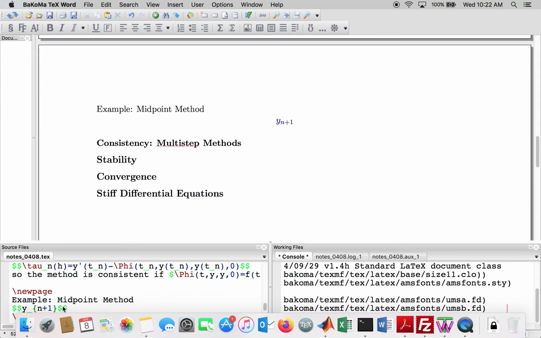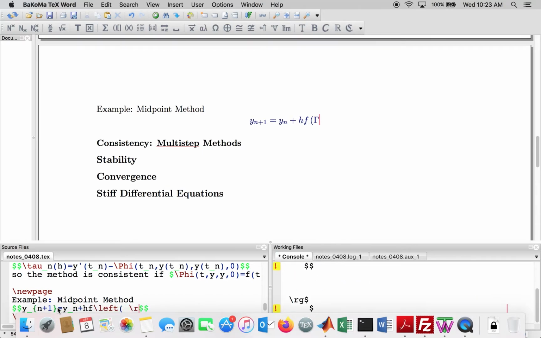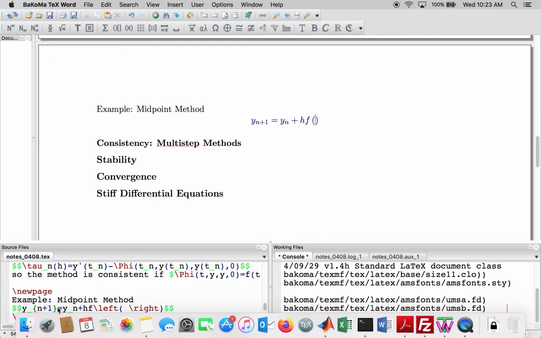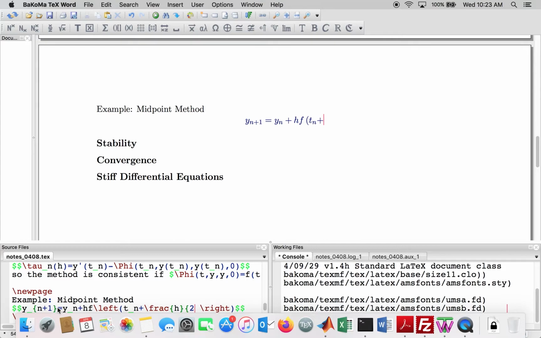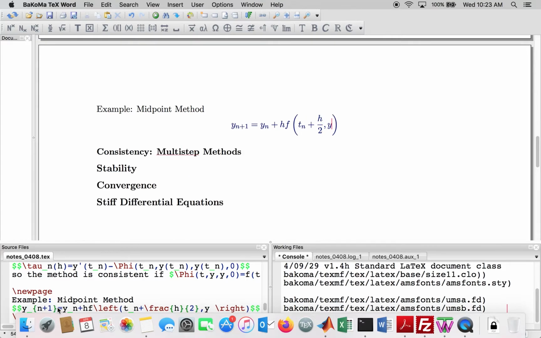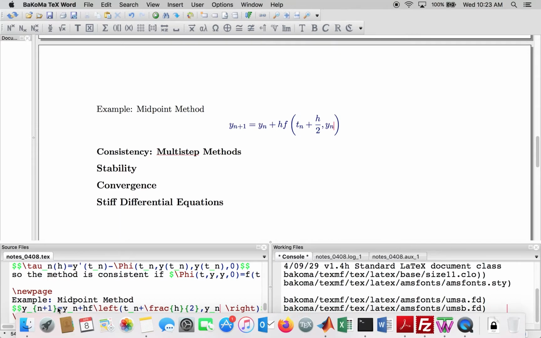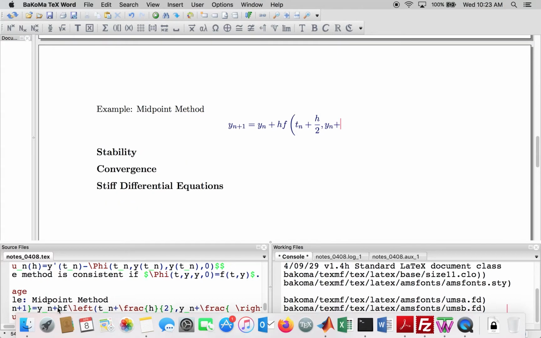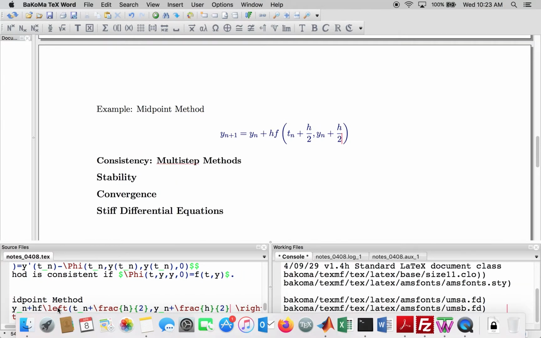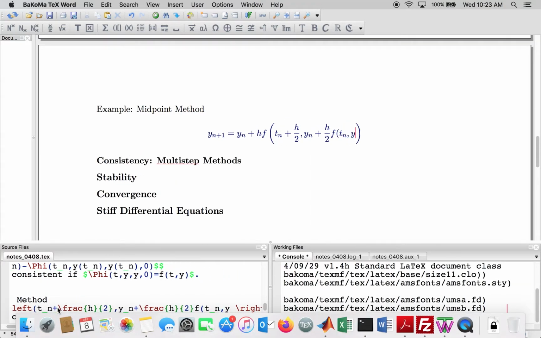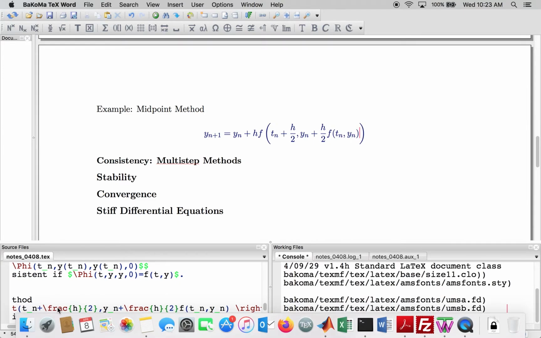All right, so the midpoint method is y_{n+1} = y_n + h f(t_n + h/2, y_n + (h/2) f(t_n, y_n)).